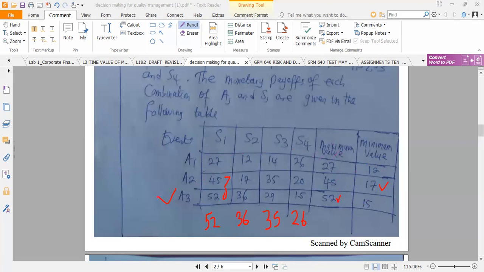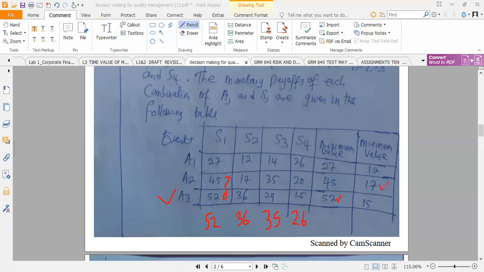Okay, so this is using what criterion? The max, yes? Then under the maximin, we took the minimum values, then you got the maximum of the minimum values. Good. We got the maximum amongst the minimum values. All right. That is under the maximum.